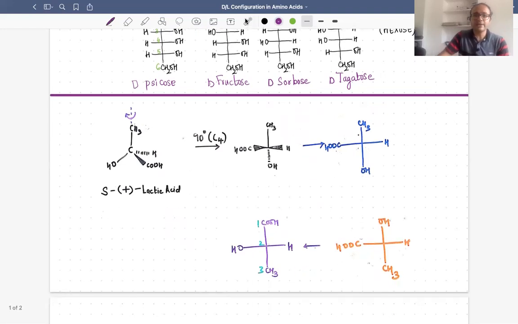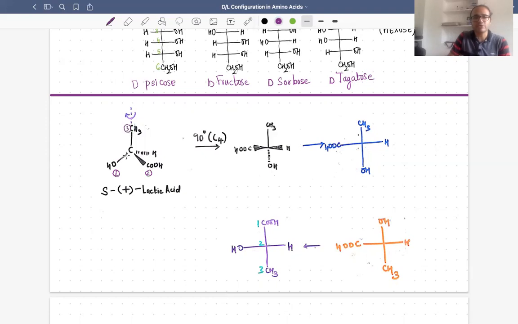So here, as you can see, I have written the wedge dash formula for the lactic acid. Now we have to assign the configuration. Here I have written the S isomer. Okay, and you can clearly know why it is the S isomer, because if you number it, this is the first priority, then you have the second priority here, and then the third priority here.